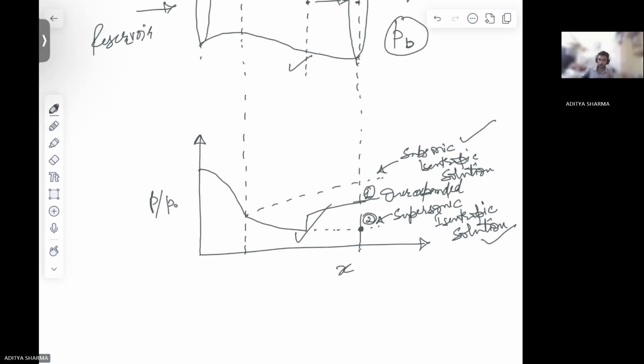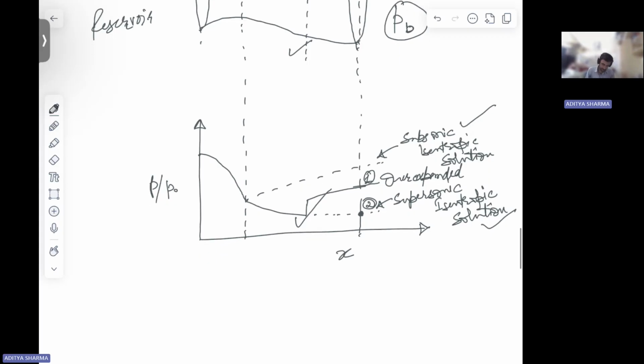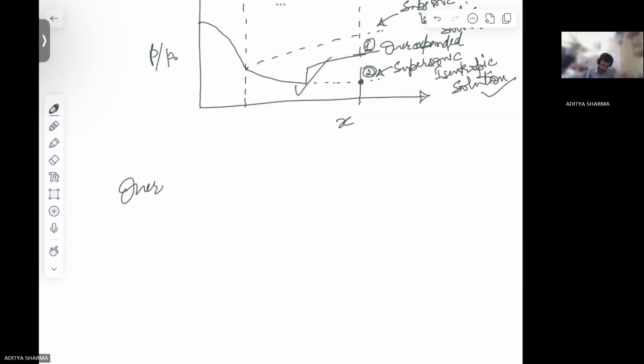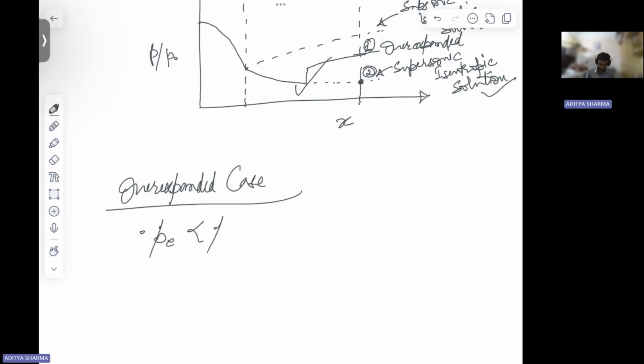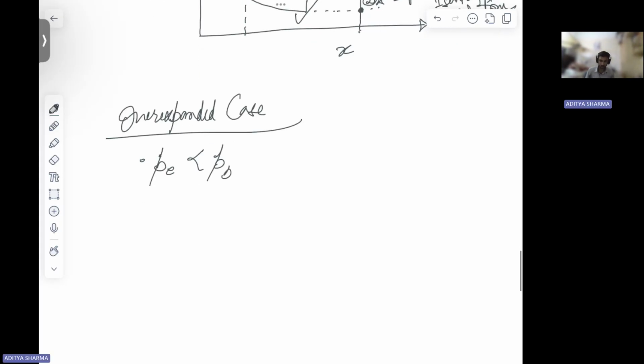In the overexpanded case, your exit pressure PE is going to be less than PB. And in that case, we see a normal shock inside the divergent section.